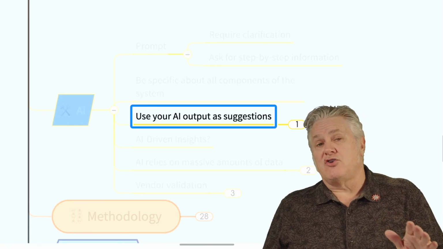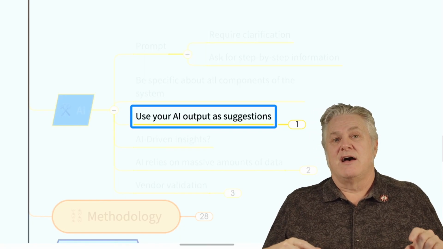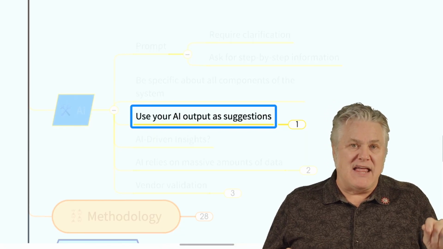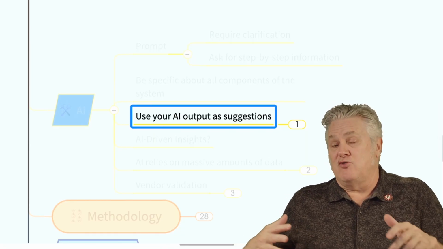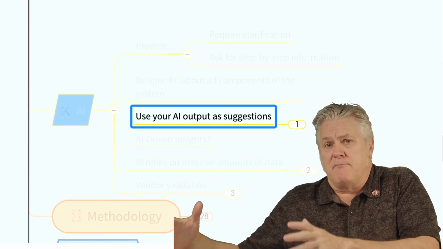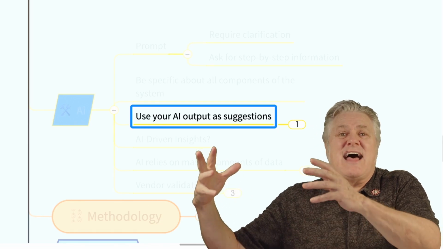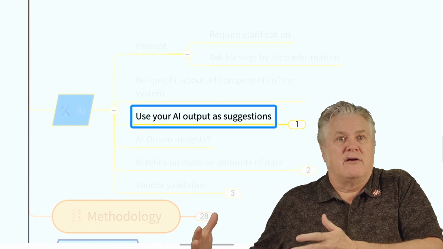What I strongly urge you to do is use your AI output as suggestions, as a back-of-the-napkin plan when you're in the middle of something and you don't have your business continuity plan and you don't have your playbook, your runbook, the thing that tells you exactly how to go ahead and restore this thing, or let's say that process doesn't work.